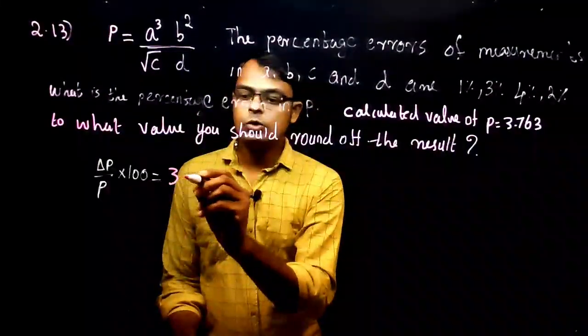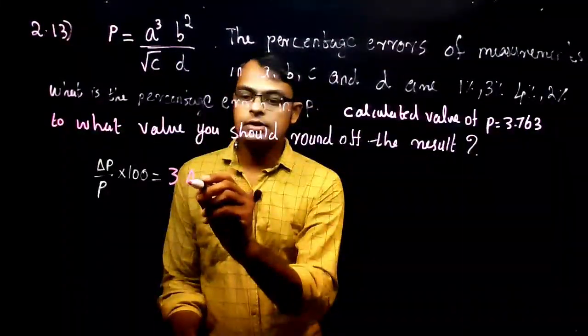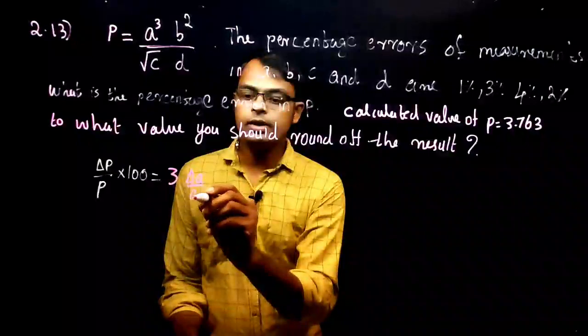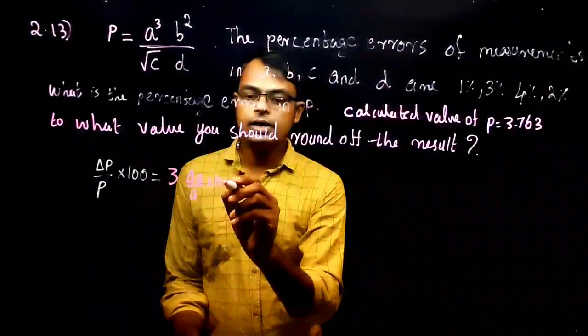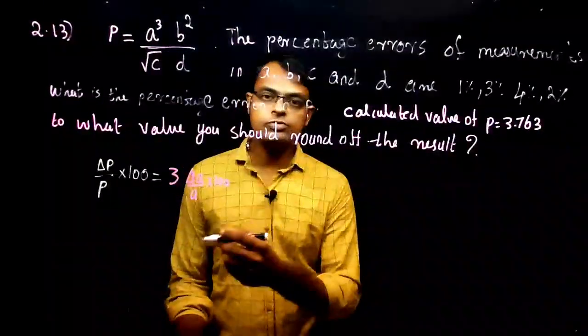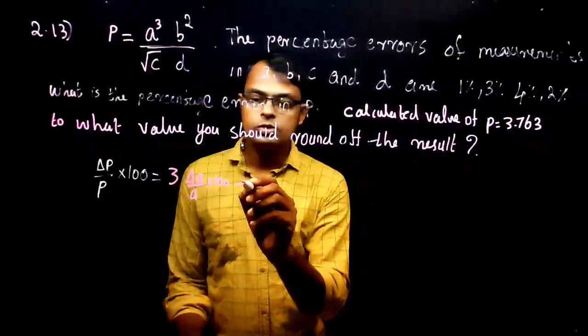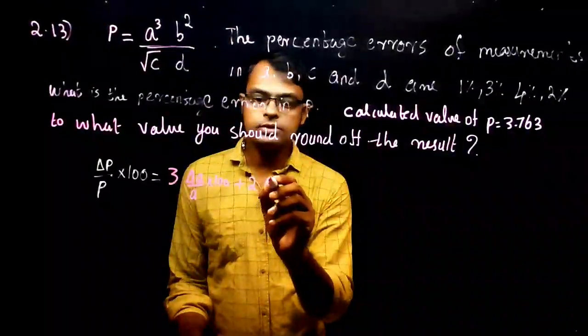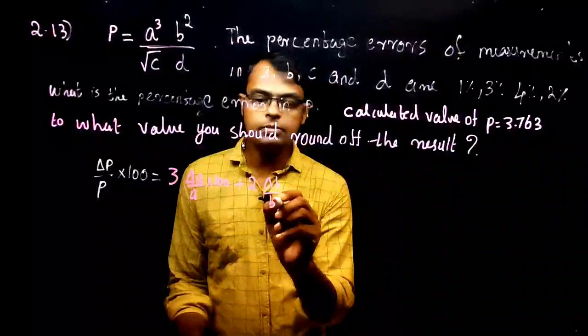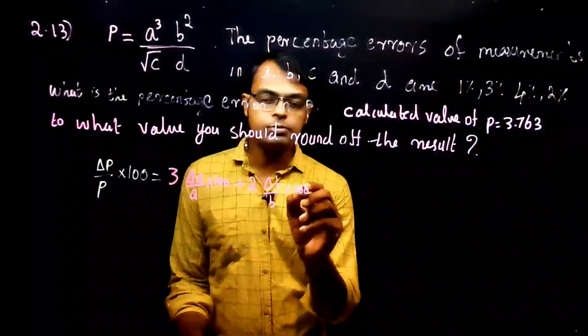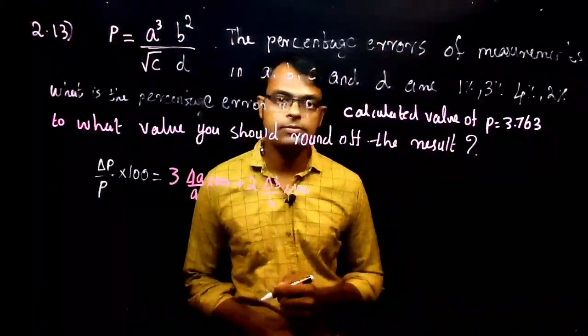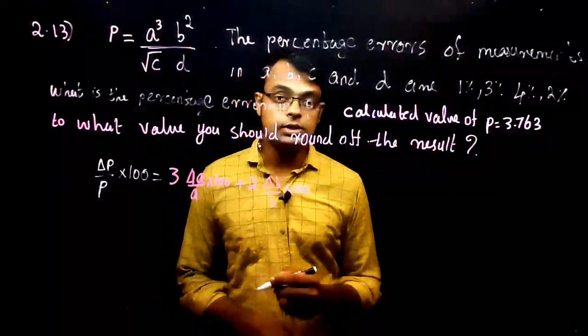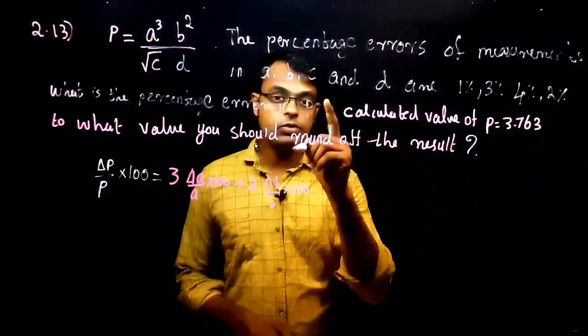So we can write here 3 times delta A divided by A into 100. Now what is the next physical quantity? B. So we have to write here 2 times delta B by B into 100. The percentage errors are given in the question. Now divide by root C. Root C means what? C to the power 1 by 2.